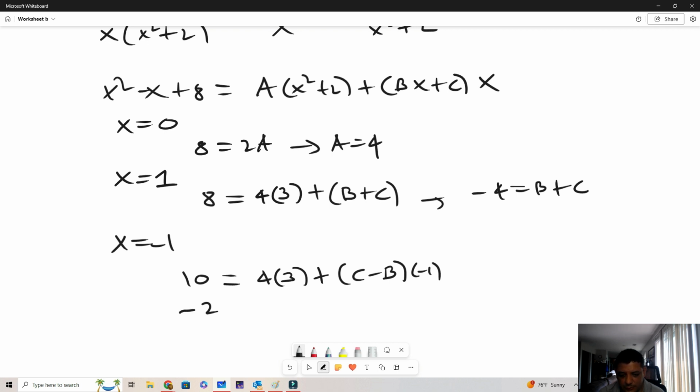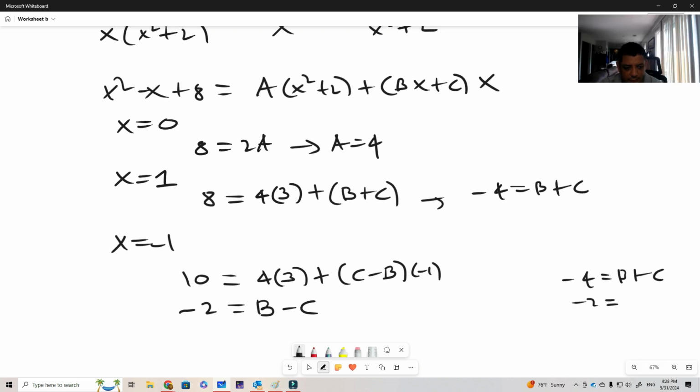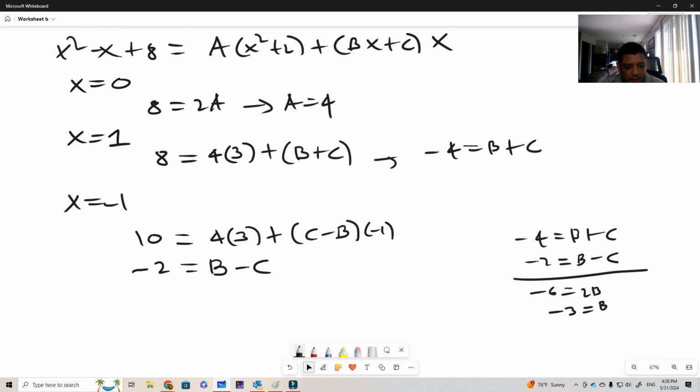So -2 is equal to B minus C. Okay, so I get -4 is equal to B plus C, and I get -2 is B minus C. So with this, I can eliminate C, and I get that -6 is equal to 2B, or B is just going to be -3. And so according to that, if B is -3, then that implies that C must be -1.